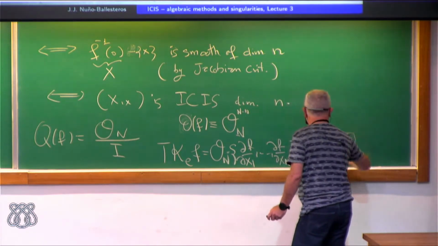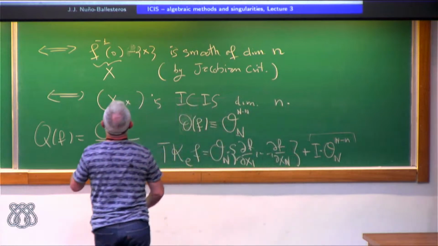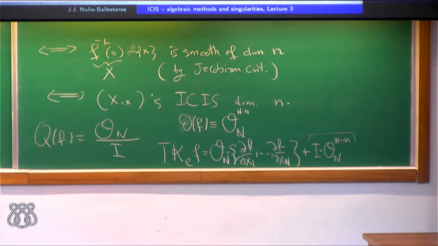So because we have this here, it follows that we have an isomorphism like this. So the T1 can be identified with this normal space to the orbit for the K equivalence.